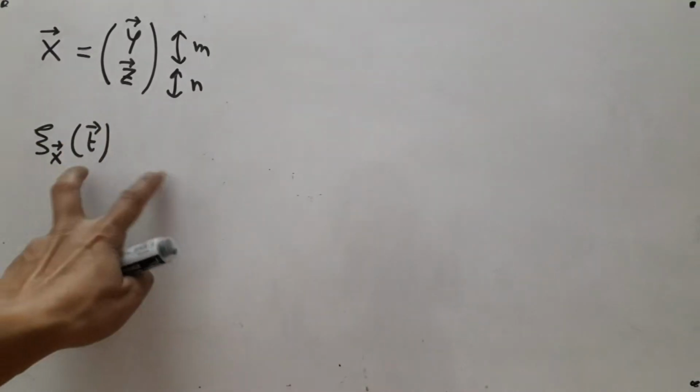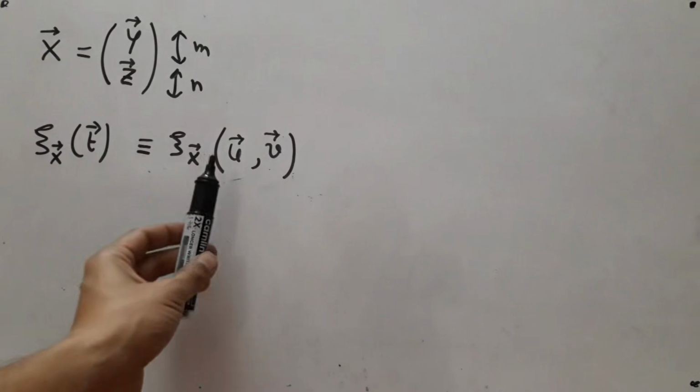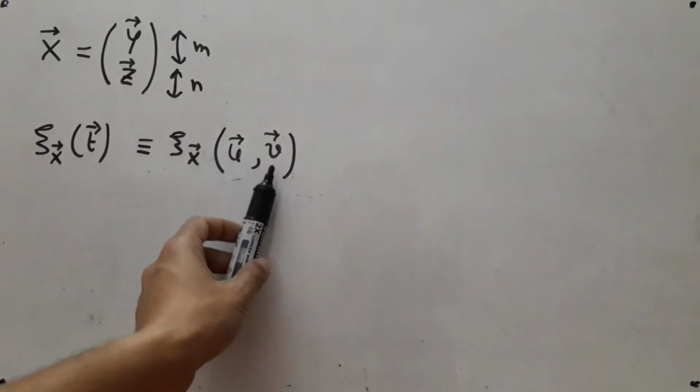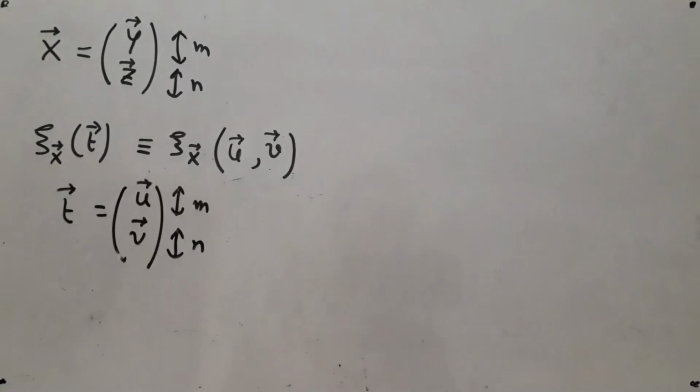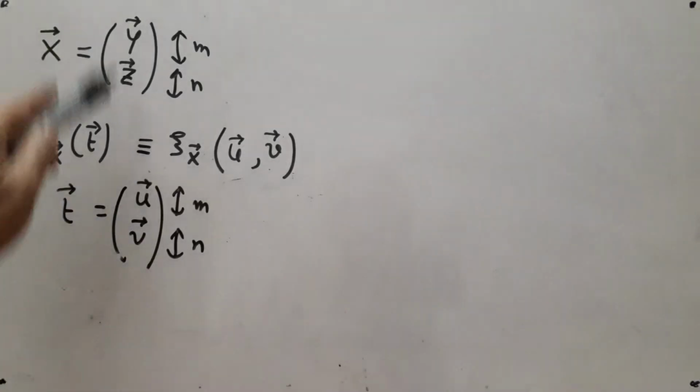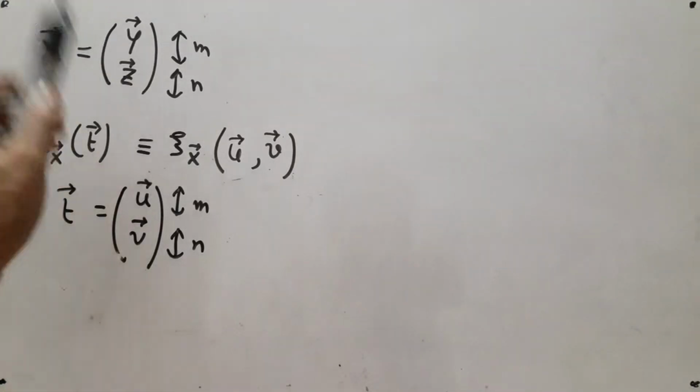Now I can split all those components of t also into two parts and write this function as a function of u and v. So u and v are the two parts of t. I have partitioned t exactly in the same way as I have partitioned x. So now I have three random vectors in my hand: x, y and z.